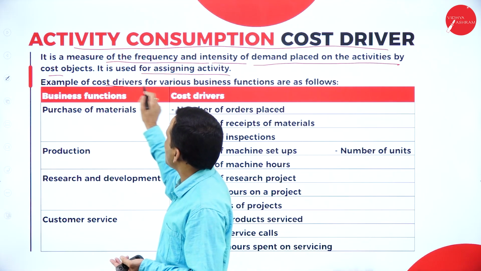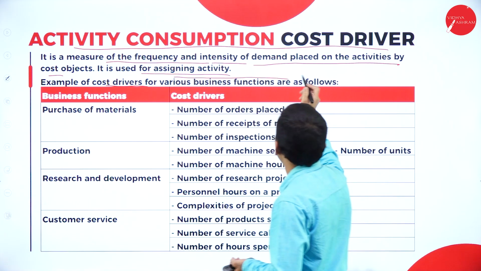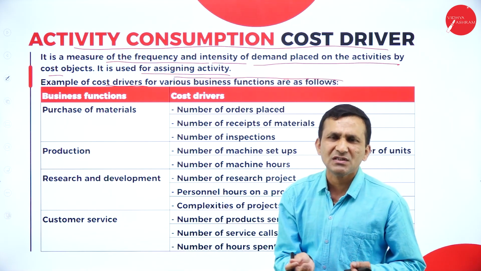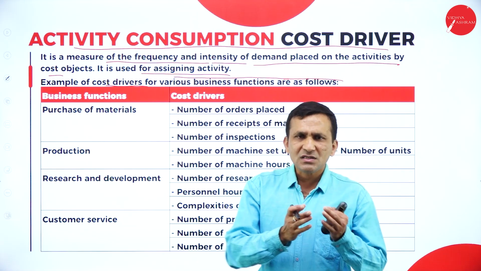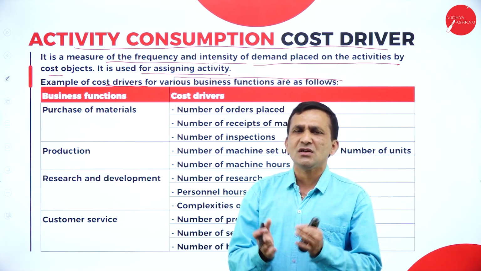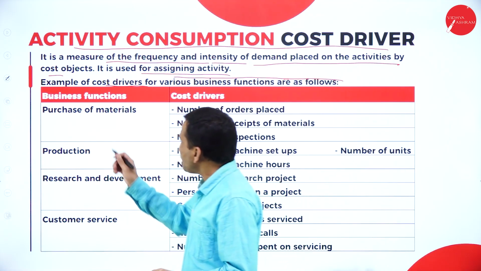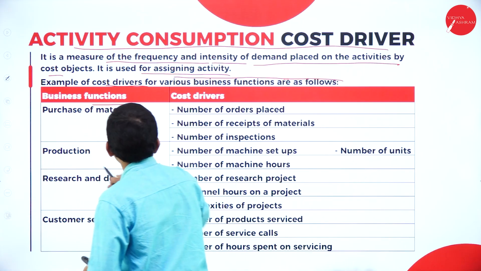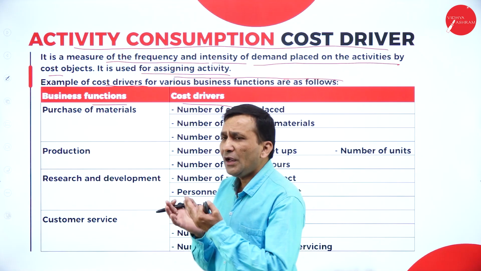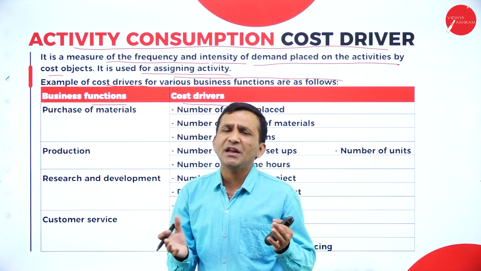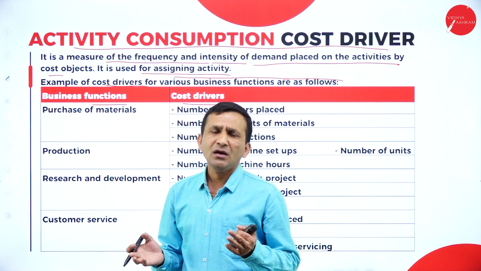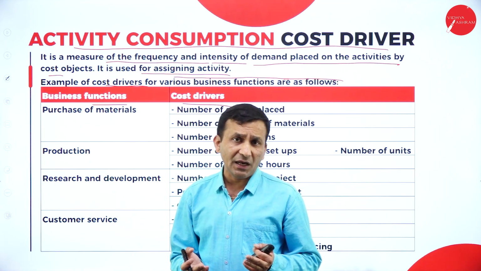For example, consider the cost drivers for various business functions, manufacturing and even the service sector, where activity cost is everywhere. Now, in a company, different departments are working and different activities are taking care of things.